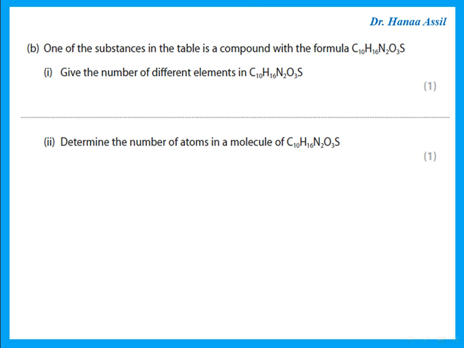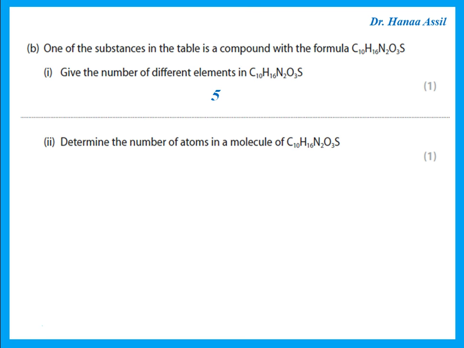One of the substances in the table is a compound with this formula. Give the number of different elements in this compound. How many different elements do we have in this compound? We have carbon, hydrogen, nitrogen, oxygen, sulfur. So we have a total of 5 different elements.